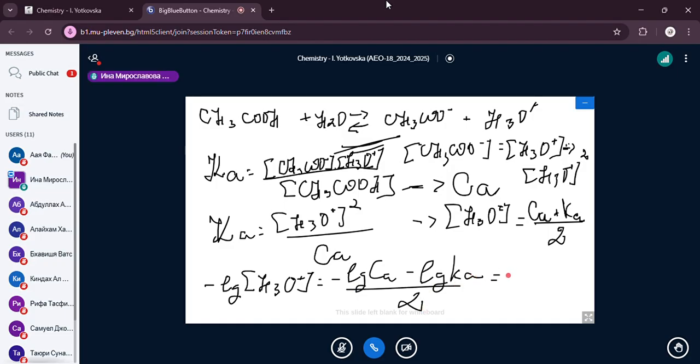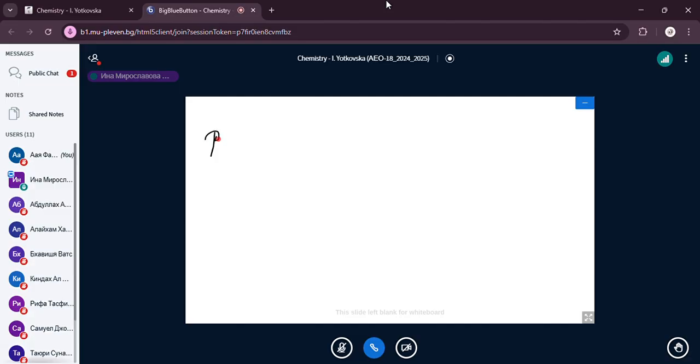And that will be equal to pKa. pH is equal to pCa plus pKa divided by 2. This is for weak acid.